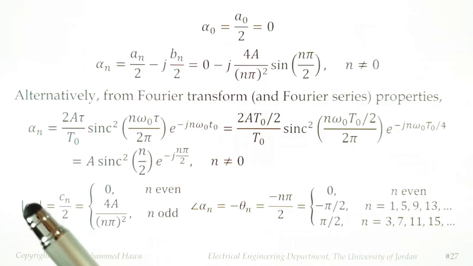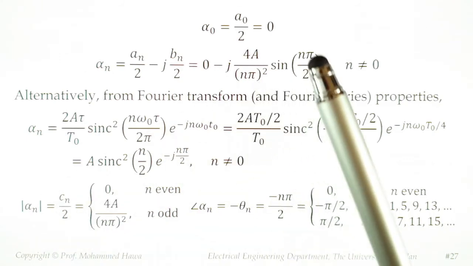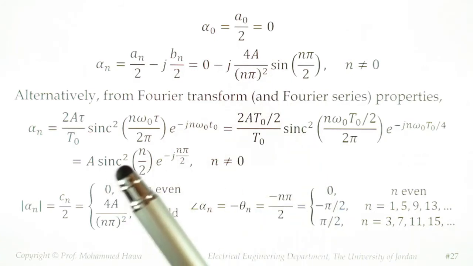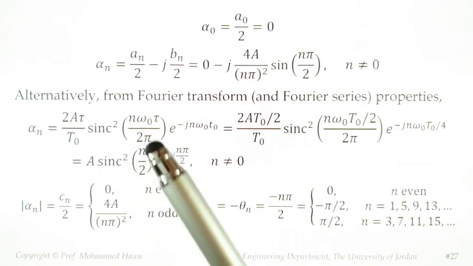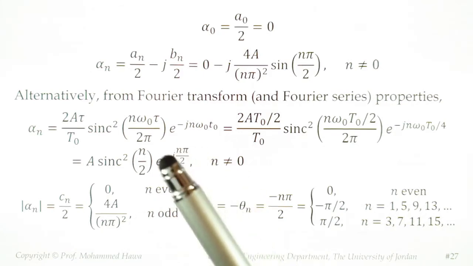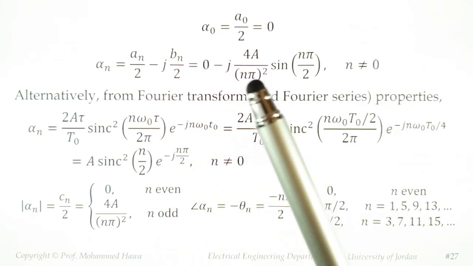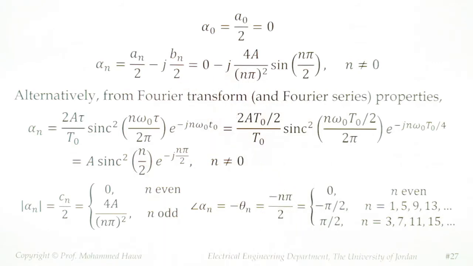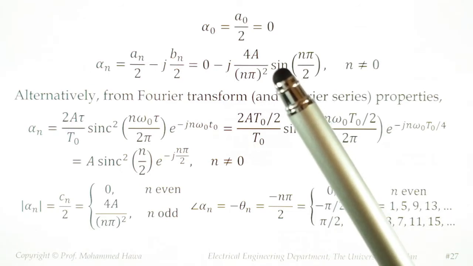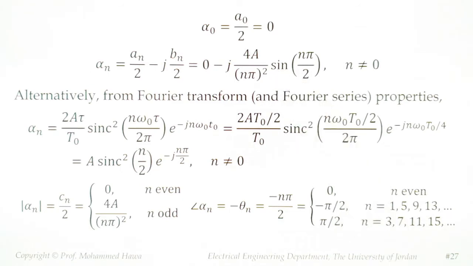Finally, if you want the compact form Cn, then Cn is 2 times the absolute value of alpha n. And you could read the absolute value of alpha n either from here, the absolute value of this complex number, or you could take the absolute value of this complex number. Both are valid. For the angle, you could take the angle here, or you take the angle of this complex number, which is either minus pi over 2 or pi over 2, depending on whether we get positive 1 or minus 1 from this sign.